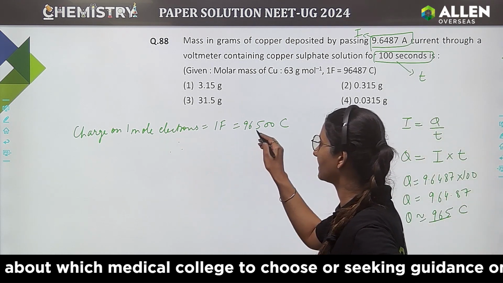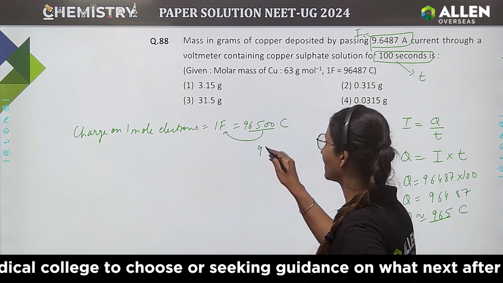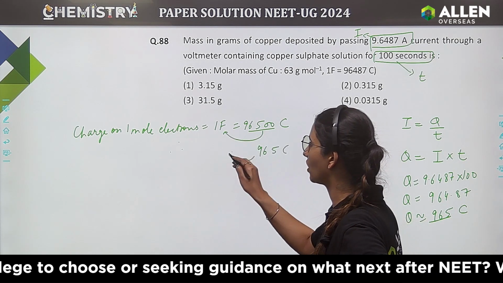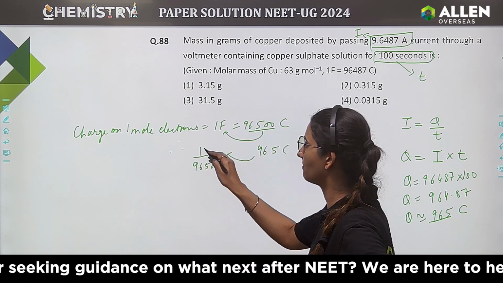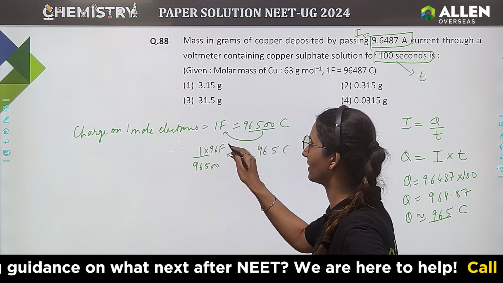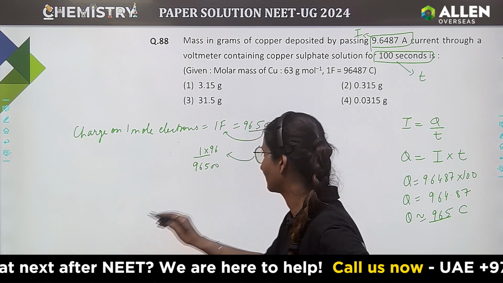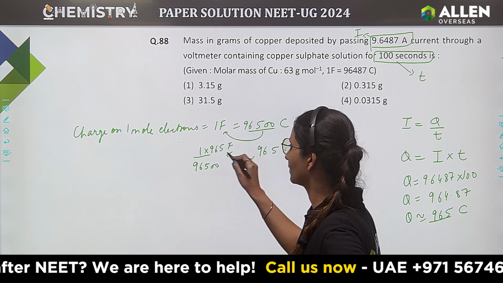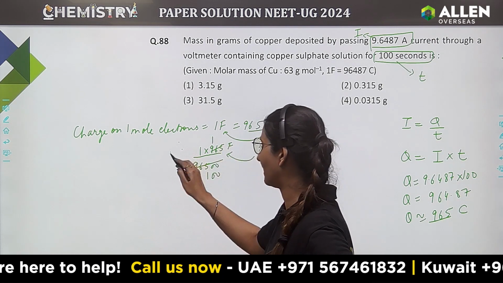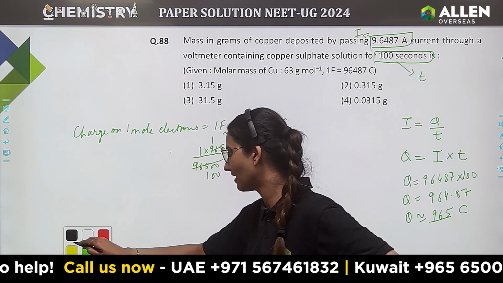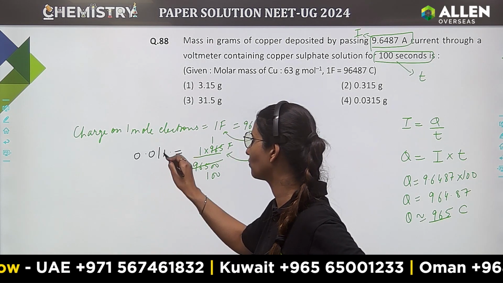Therefore, if 96500 coulombs is 1 Faraday, then 965 coulombs would be equal to 1 divided by 96500 multiplied by 965 Faraday. Correct? So how many Faraday of charge do I have? I will have 1 by 100, which is 0.01 Faraday.